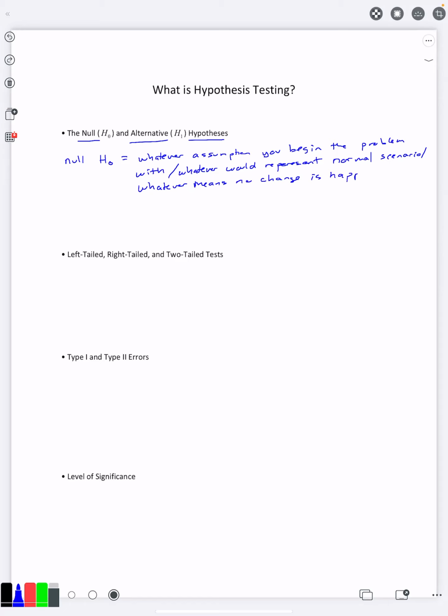So the idea is the null hypothesis is always the boring one. It always means that it's the default assumption. It's what would be like in the normal scenario.